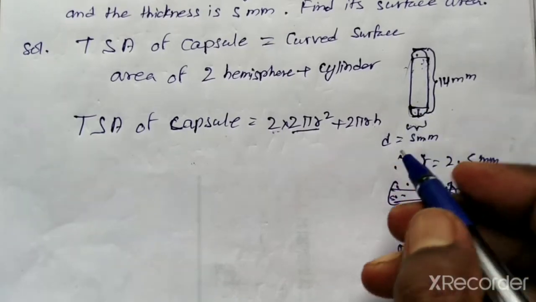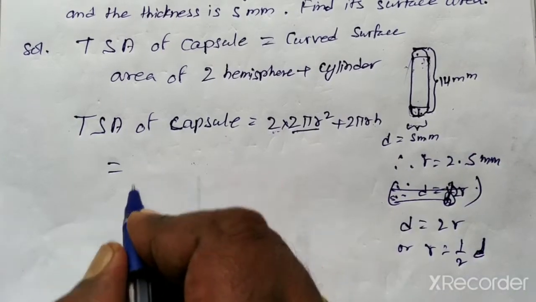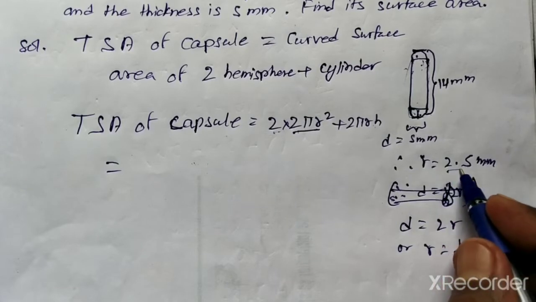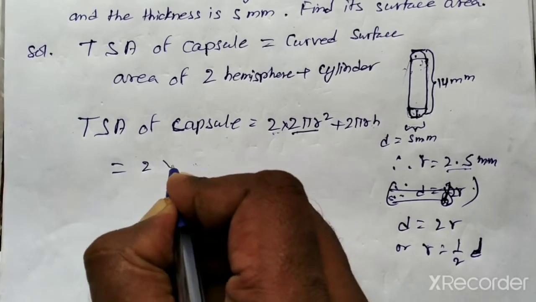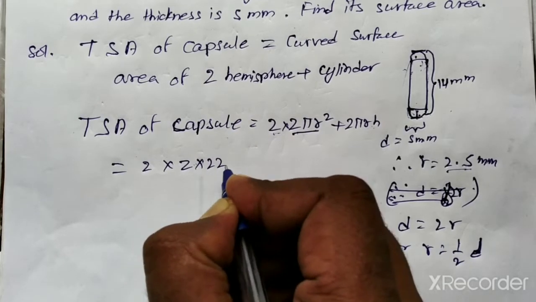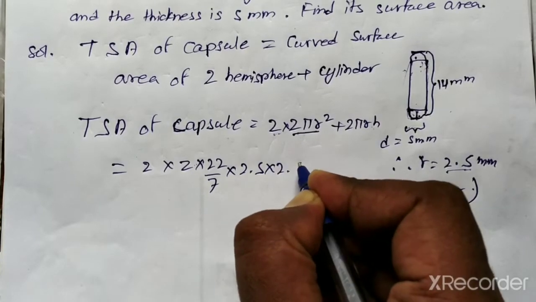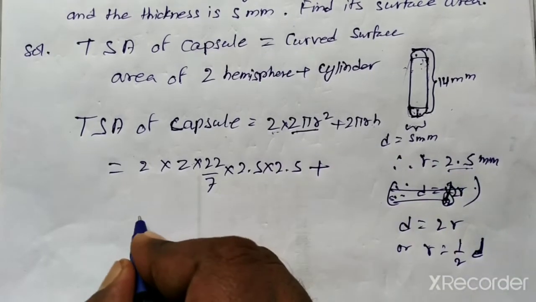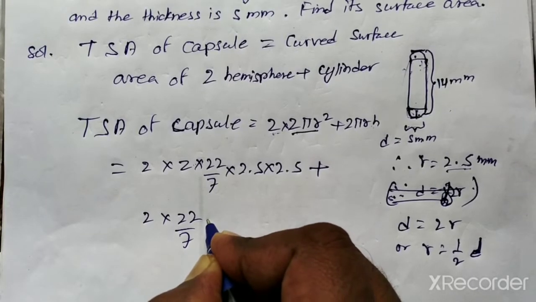Now we know r is 2.5, so we will apply this r. 2 into 2 into 22 by 7 into 2.5 into 2.5 plus 2 into 22 by 7 into h.